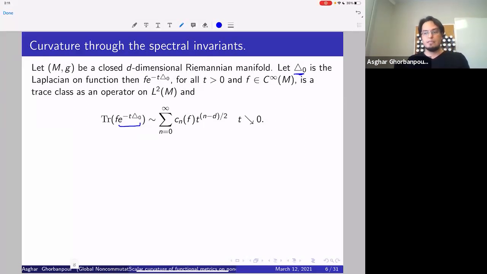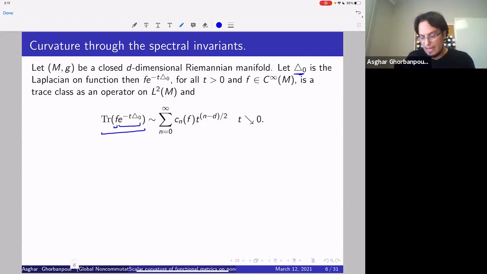This is a nice smoothing operator. It is trace class for any positive t, and when you multiply it by a function, sometimes called a smearing factor, since that is just a continuous operator, you still get a trace class operator, and for any positive t this trace makes sense.